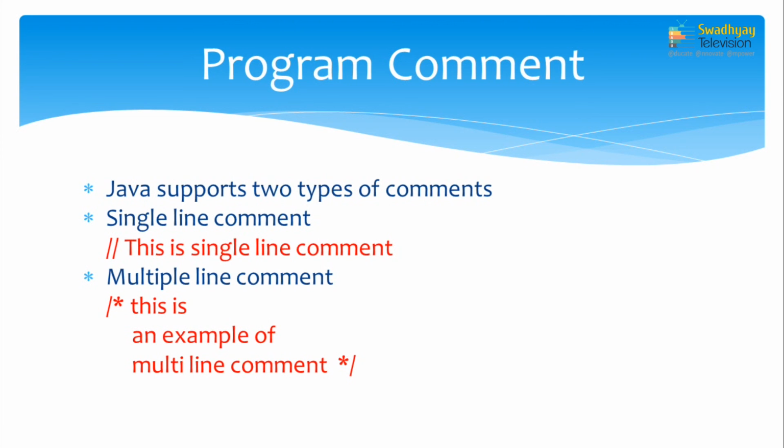Technically speaking, a comment is that part of a program for which object code is not generated. That means, the comment part is completely ignored by the compiler, and it is just for mentioning important documentation for your source code.